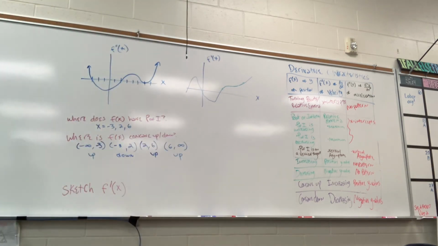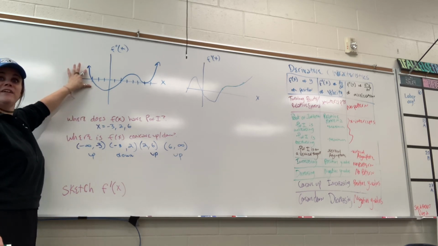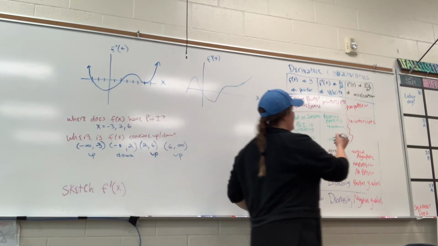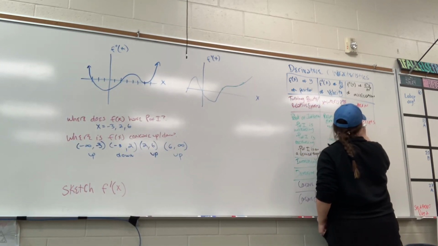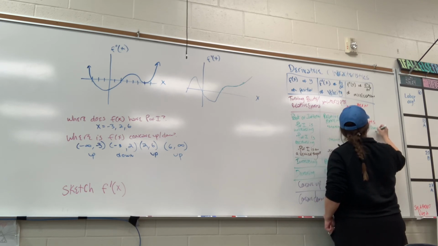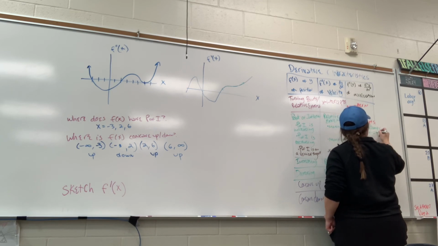What's the only way that's true about the x-intercepts? If there's a change in what? Not concavity, not direction. If it crosses through, if it's a change of the sign, plus or minus sign change, right? So the only way this is true is if it's an x-intercept with a sign change. Crosses the x-axis.